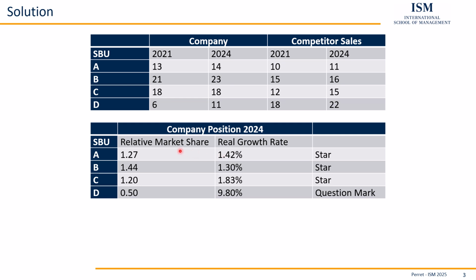Well, this means we have the first 3 business units, market leader in growing markets, so we have 3 stars. Some part where I do not have a large market share, but it's a strongly growing market, so this leaves it as a question mark. And then we just have to place them in a matrix. The BCG matrix, however, has one added benefit.